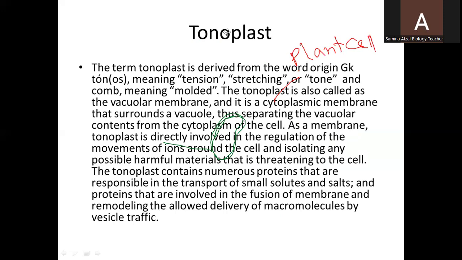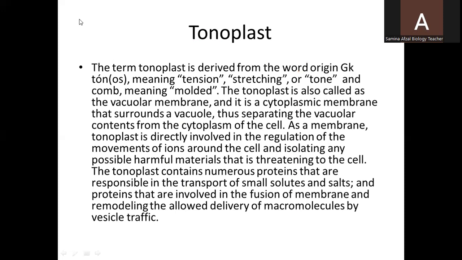If we talk about its outer membrane, which is the tonoplast, the term tonoplast is derived from the word origin. Tone means tension, stretching, or tone, and plast means molded. So it means it will be in a folded form.